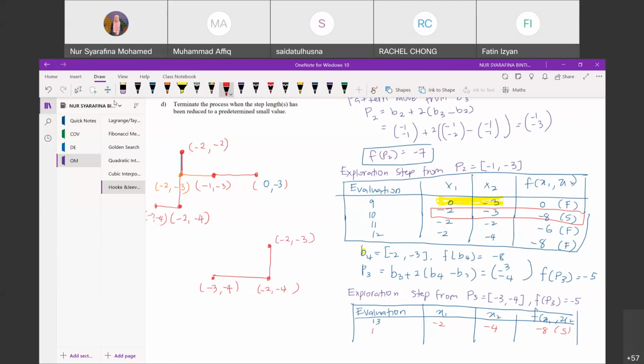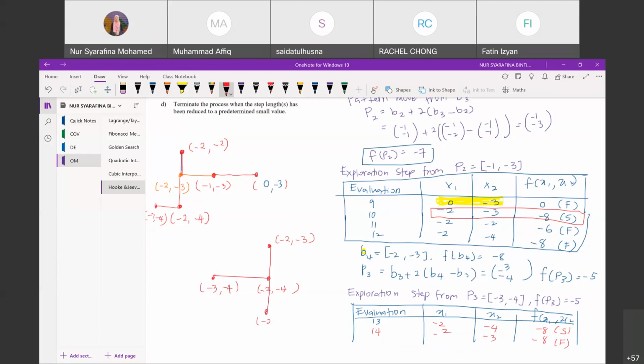So your next evaluation 14, -3 -2 -3 will give you -8. Since we have already -8, then this is failure. Since this is failure, we should move downside.